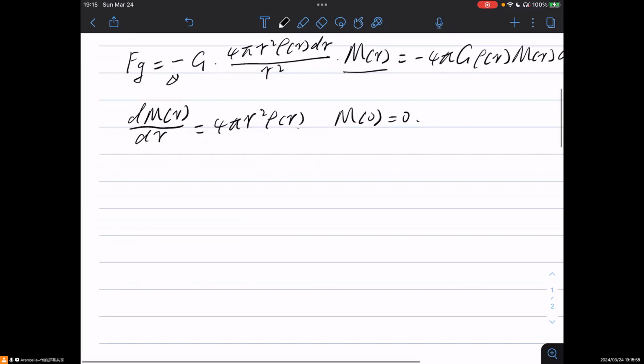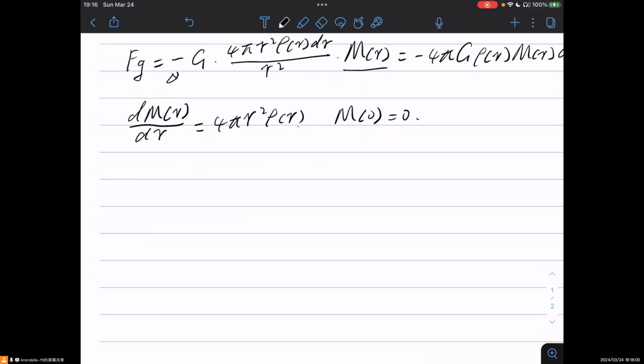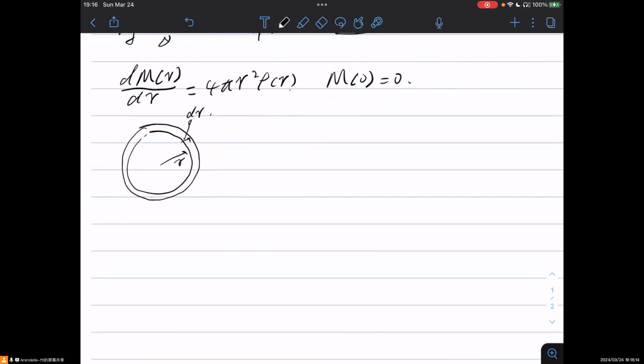Now let's explore this. Consider this thin shell again. The thickness is dr. So the buoyant force equals the pressure on the inner surface of the shell minus the pressure on the outer surface of the shell.